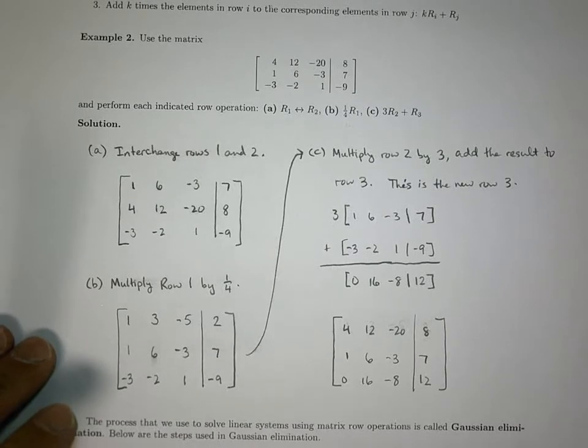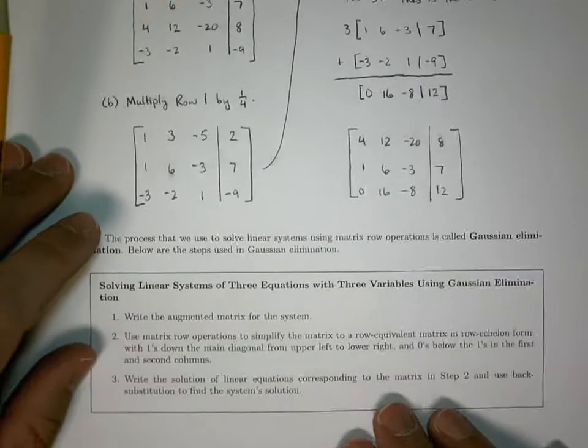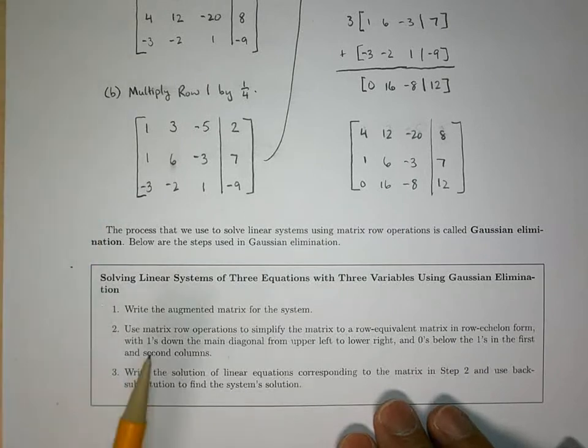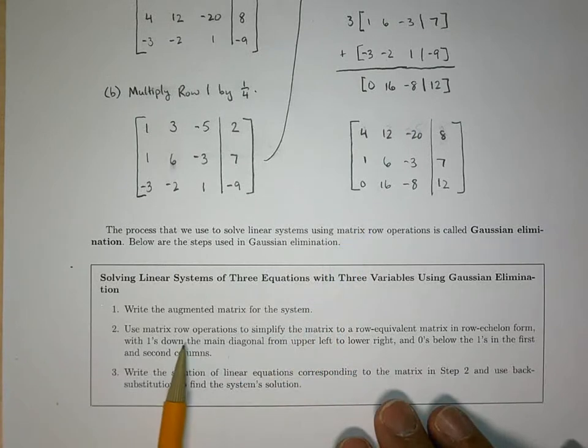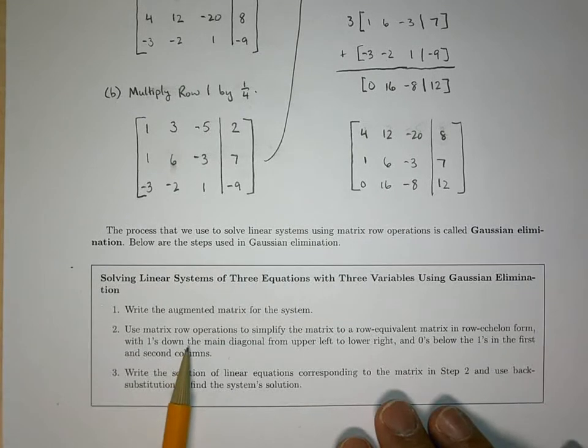Okay, so to solve a system of equations using Gaussian elimination, the process we're going to illustrate in the next two examples, we write the augmented matrix for the system. We use the row operations we did in example 2, interchanging rows, multiplying rows by numbers, and adding rows together, to simplify the matrix into what we call row echelon form.